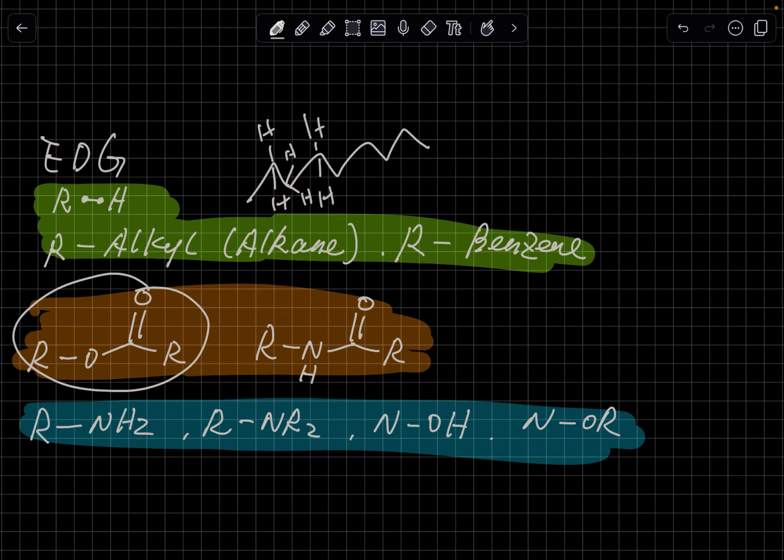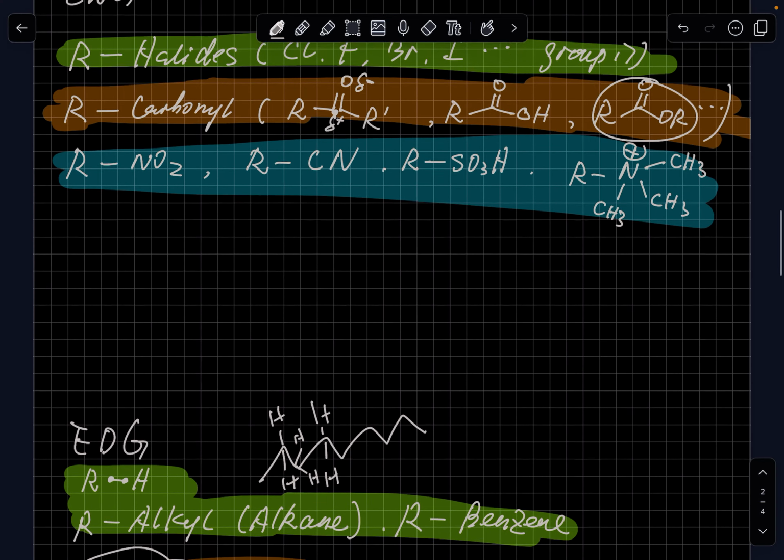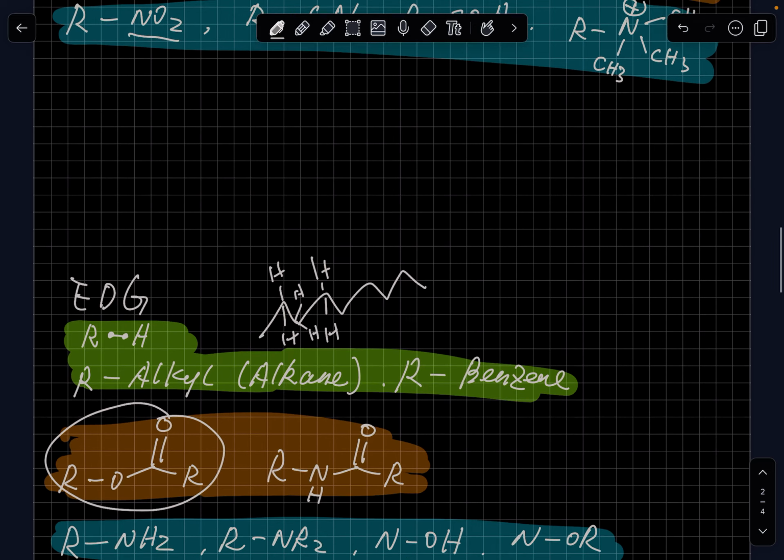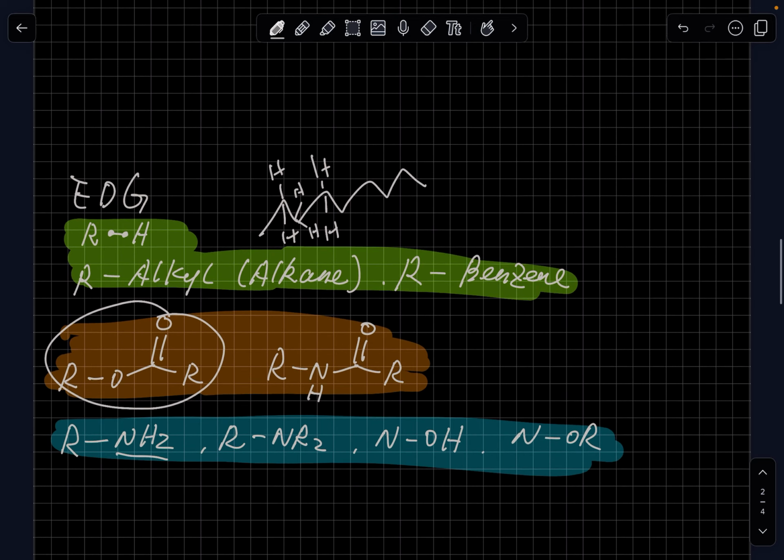Okay, so the blue ones are the strongest electron donating groups. They're the ones that are most likely to contribute their electron density to the R group. Okay, alrighty. So you may find it difficult to memorize, right? Especially, okay, NO2 is the electron withdrawing group, and NH2 is the electron donating group.